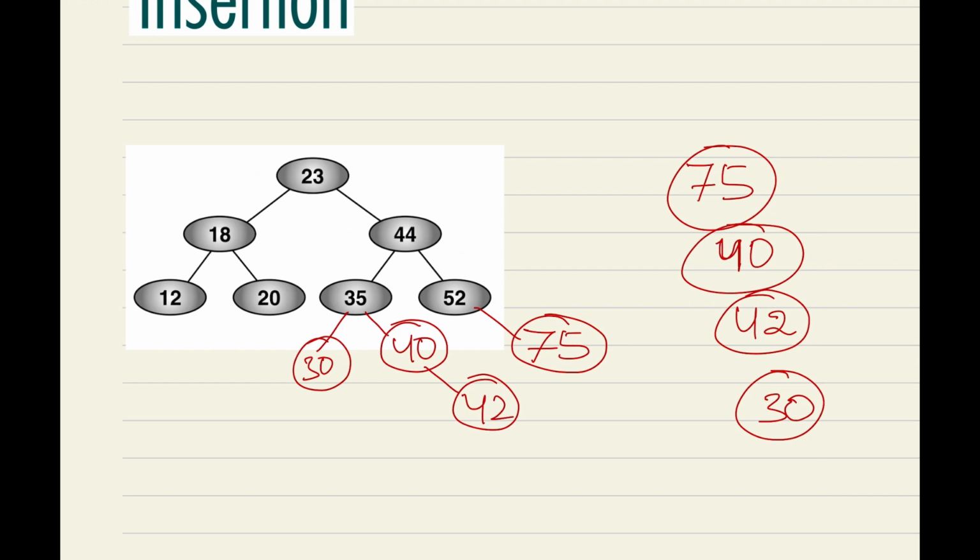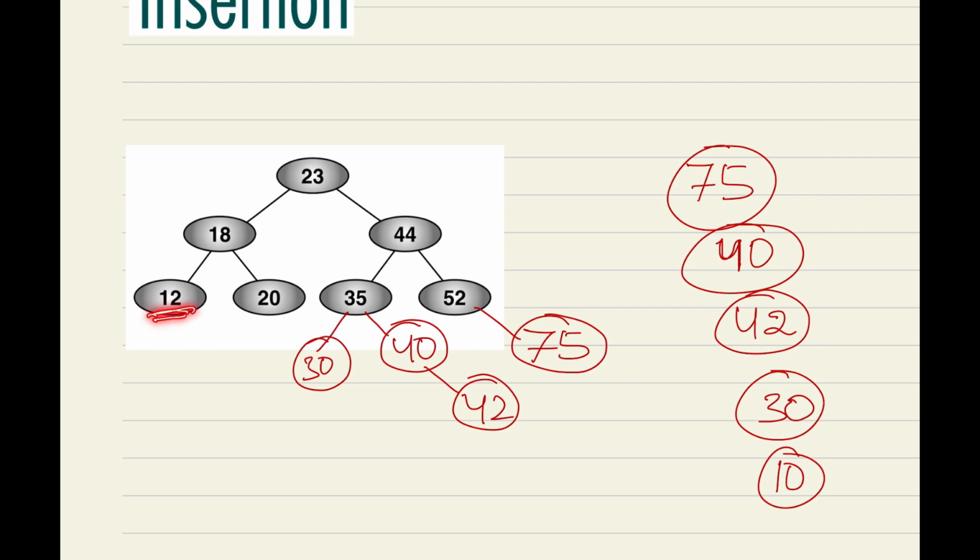Now consider another node that we want to insert, that is 10. So apply the same principle, compare 23 and 10, 10 is smaller, so consider the left subtree. In the left subtree 18 is the new root, so compare 18 with 10, 10 is smaller, so consider the left subtree.